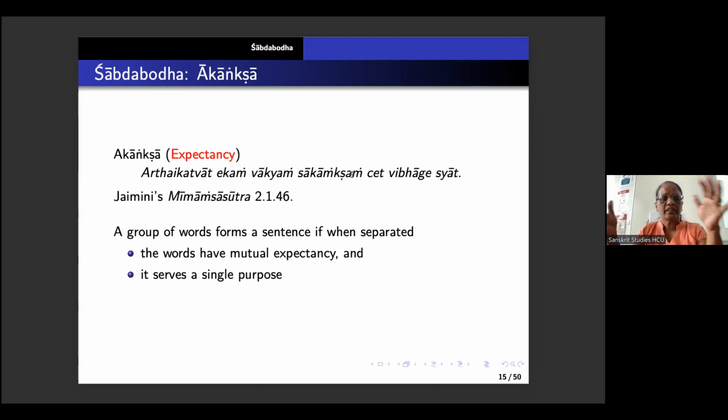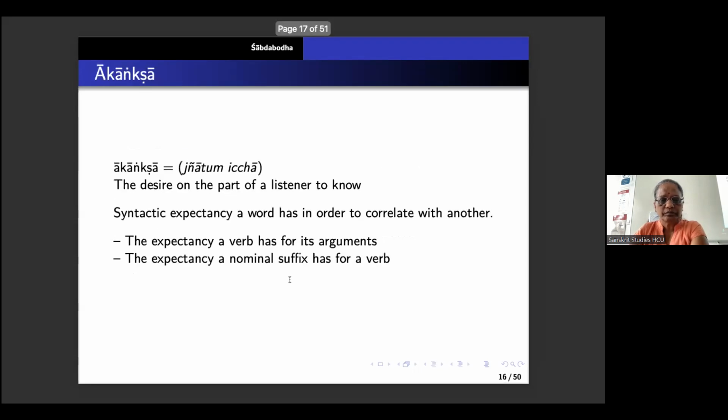So if that is the case, then that whole thing forms one unit. So a group of words forms a sentence if, when separated, the words have mutual expectancy. Words from two different groups have mutual expectancy, and it serves a single purpose.